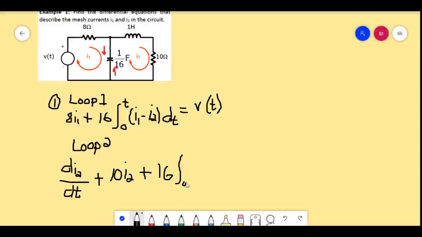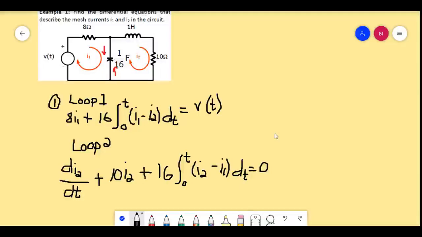It would be equal to 16 times the integral of I2 minus I1 dt, equal to 0.